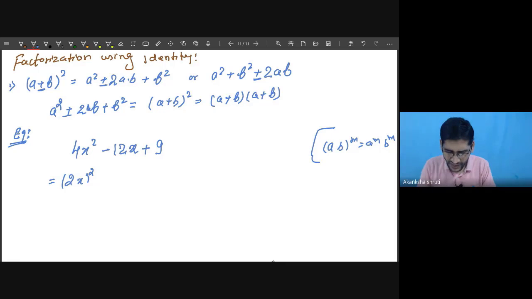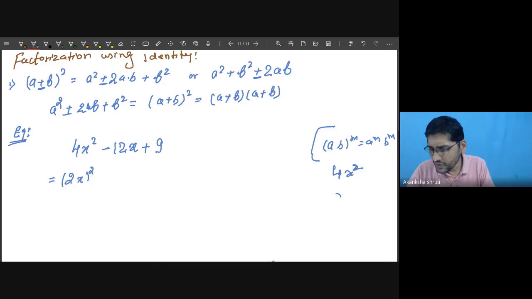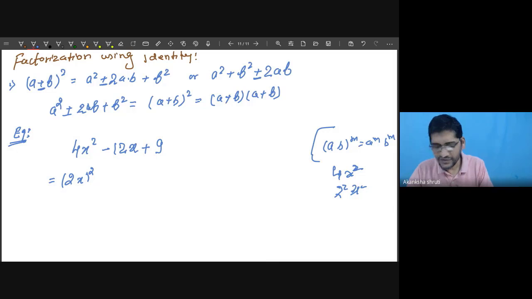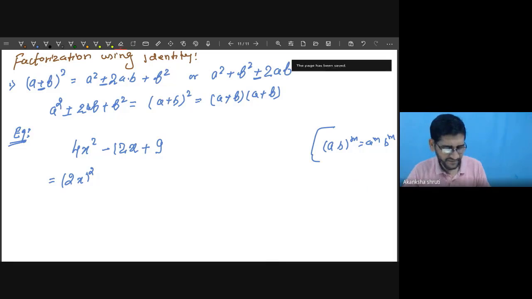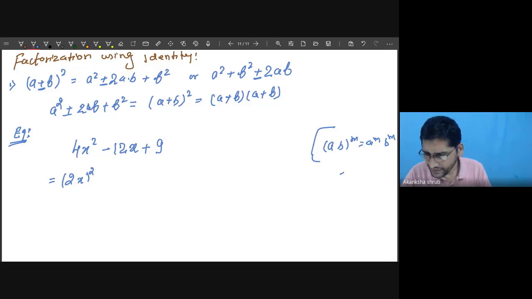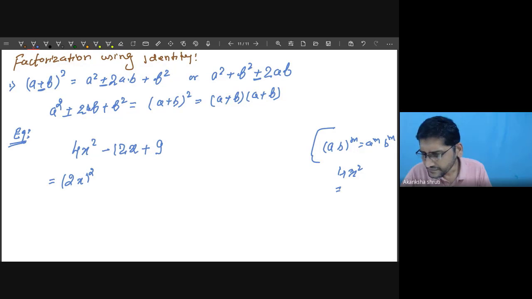Okay, 4x square simply means it is our 2 square into x square. While we are writing, students, this power 2 is common, so 2x can be taken in a single bracket, and there is a square.